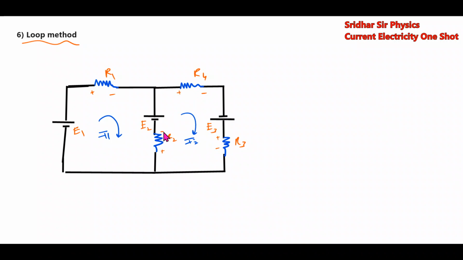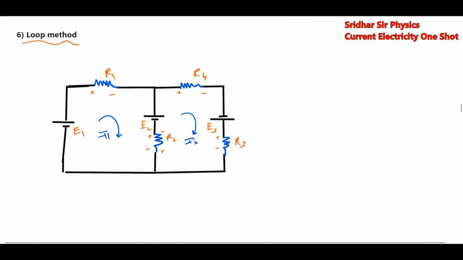How do you give polarity? Because the current should flow from higher to lower potential. Current is entering here, so this end should be higher and this should be lower potential. Similarly here, the current is entering at this end, so positive, higher potential. It is leaving here, lower potential, negative. So plus minus like this will indicate.